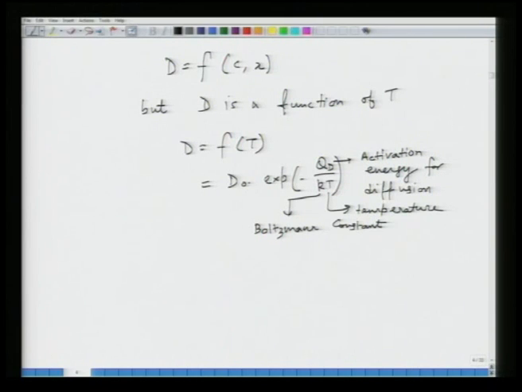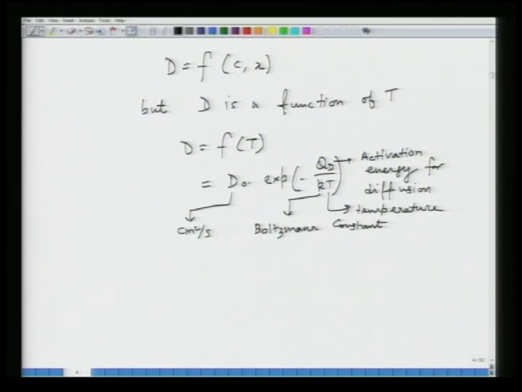Of course, you can write QD by RT as well, depending upon the units of QD. You can denote QD in terms of electron volt per atom, or you can also denote QD as kilojoule per mole or kilocalorie per mole. So, in that case it will become R, which is the gas constant. So, these are interchangeable, and D naught is the diffusivity pre-exponent, whose units are again centimeter square per second.